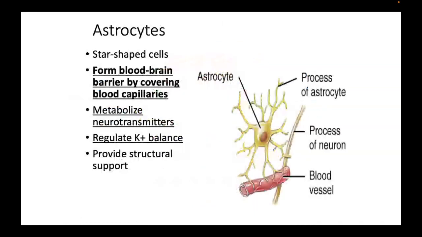Okay, so let's look at the astrocyte first. When we look at astrocyte, we see astro, like astrology, and astro means star, and astrocytes are star-shaped. And it happens to make and be the connection. Here is a process of a neuron, and here's a blood vessel.